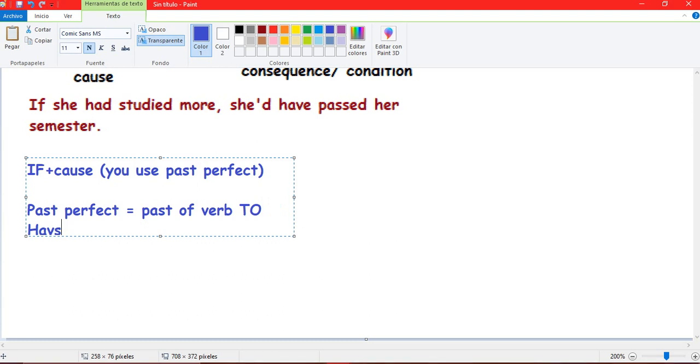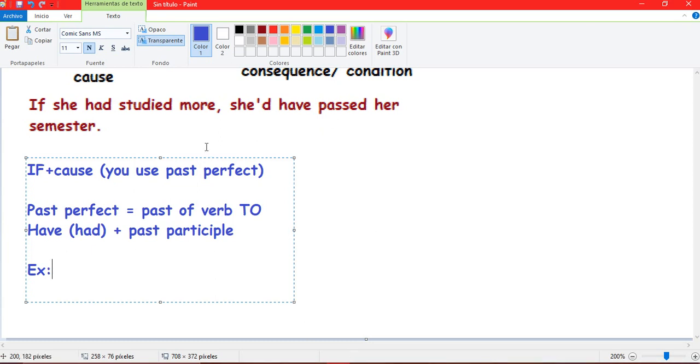It means we use had, plus the past participle. Remember the examples we're using here, in the examples previously, to explain the structure.